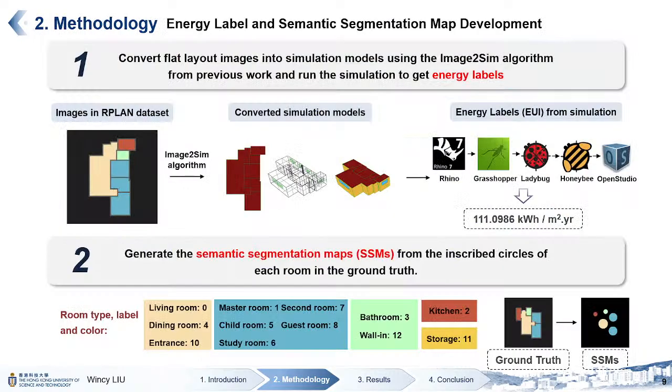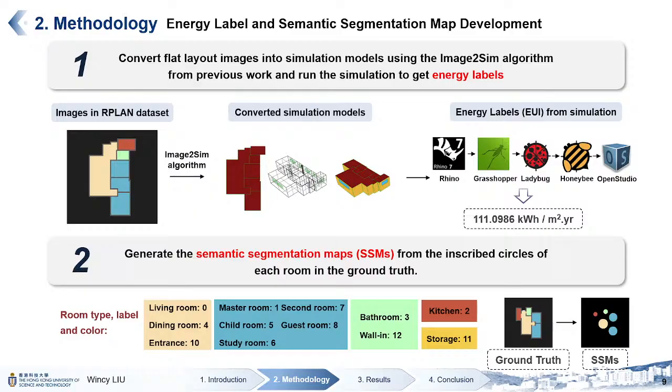And here are some detailed steps. In the first step, because we need to get the energy label first, we need to convert the images in the R-Plan dataset into simulation models in Grasshopper, like some simulation tools, so we can get their energy performance. Here we use the image-to-sim algorithm.